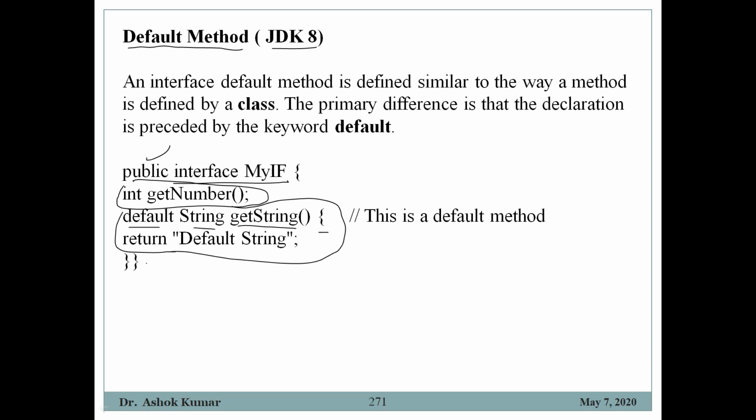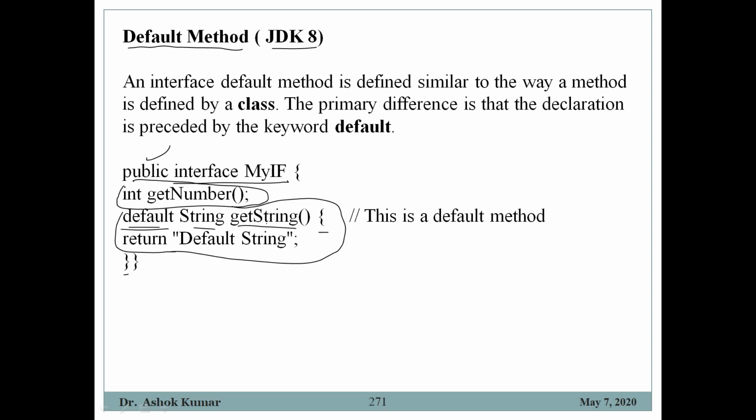So it has a body also. A method that has a body in the interface and is defined in the interface is called a default method. You instruct Java that this is a default method with the default keyword. And if any class implements an interface that has a default method, then the default method need not be overridden.